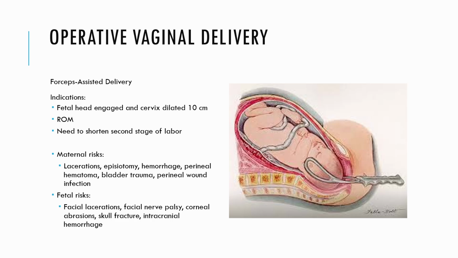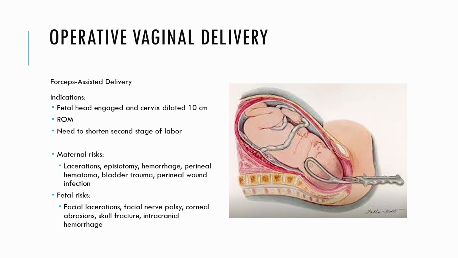Another option that can be used instead of the vacuum is forceps. Forceps are not used quite as often as the vacuum, but some providers still use them. They're used for the same indications as a vacuum. Again, the fetal head must be engaged. Mom has to be completely dilated.